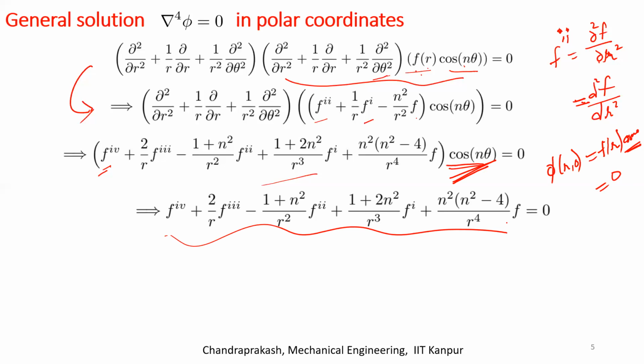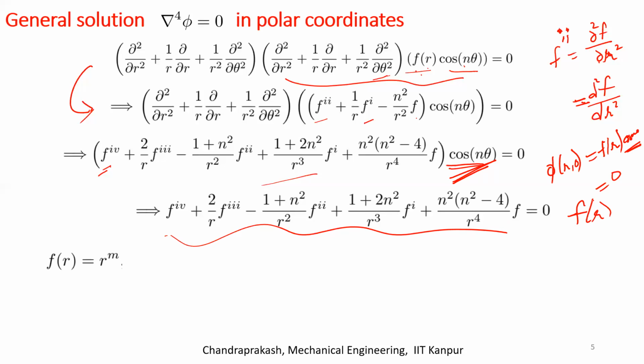So now we are left with solving a partial differential equation purely in terms of, not even a partial differential equation. This is now an ordinary differential equation in f with the derivative with respect to r.